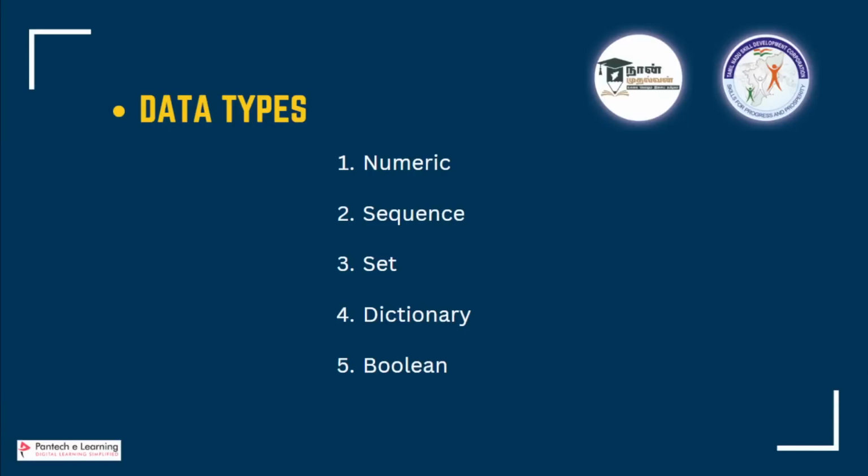then tuple. So what is the key difference between a list and a tuple? Can you please respond in the chat box? What all things can you say? What is their difference? A collection of items inside a square bracket will be considered as a list, and a collection of items inside parentheses will be considered as a tuple.